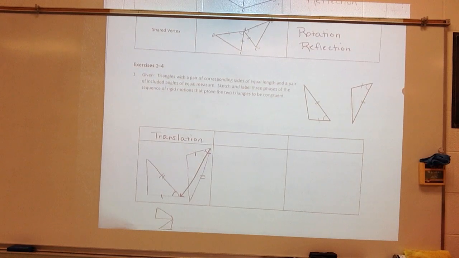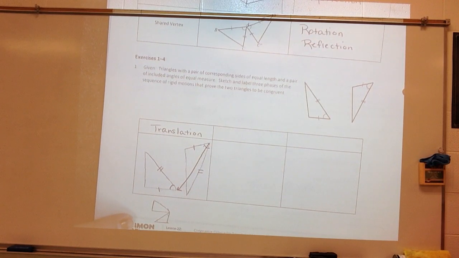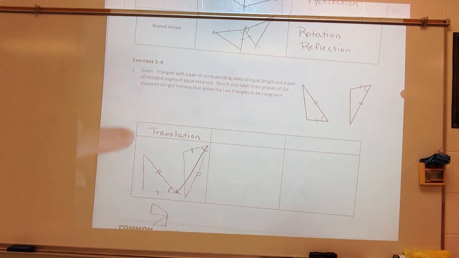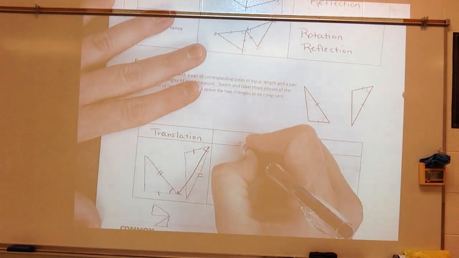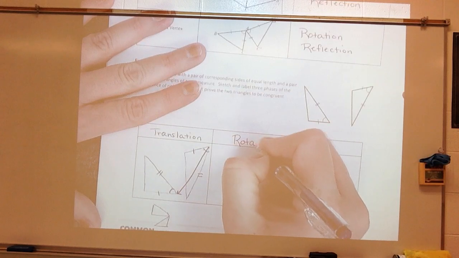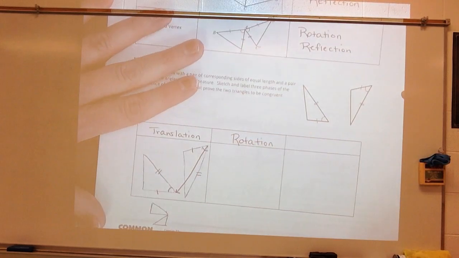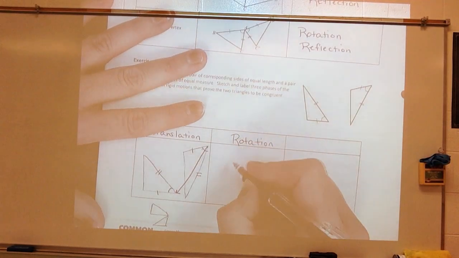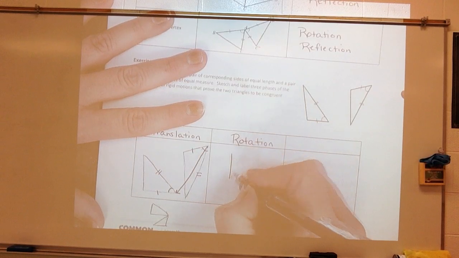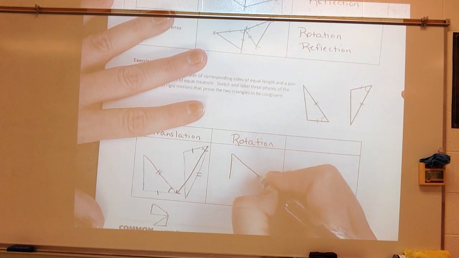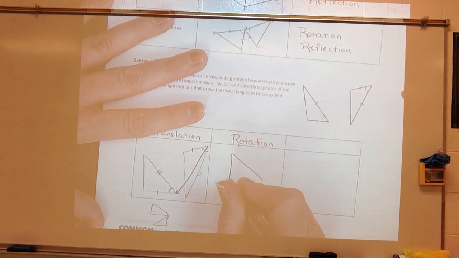So when I end up with a figure that looks like this, what am I going to need to do? I'm going to need to do a rotation. So let's draw our rotation. And we're going to need to talk about which way we need to rotate.